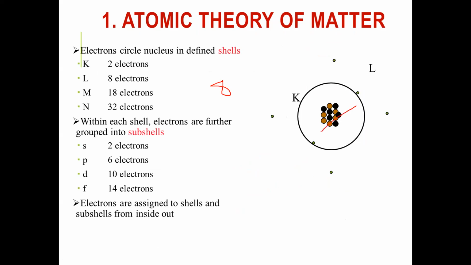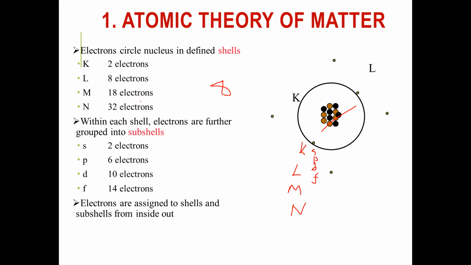Well, it means that from the inside you have the K, then the L, the M, and the N. And within each shell, that's where you have your S, P, D, and F. So what does that mean?